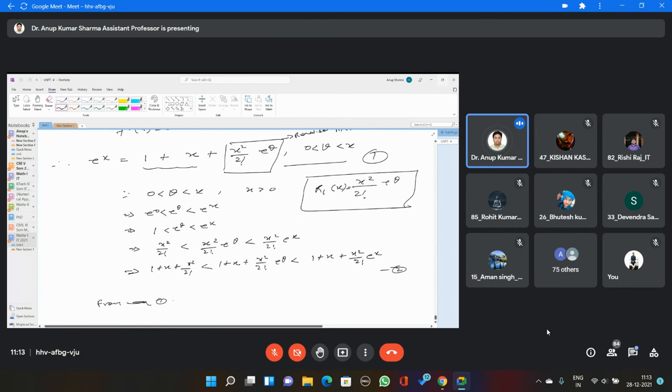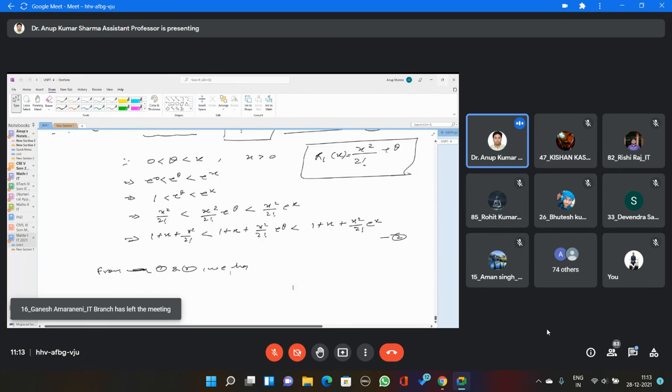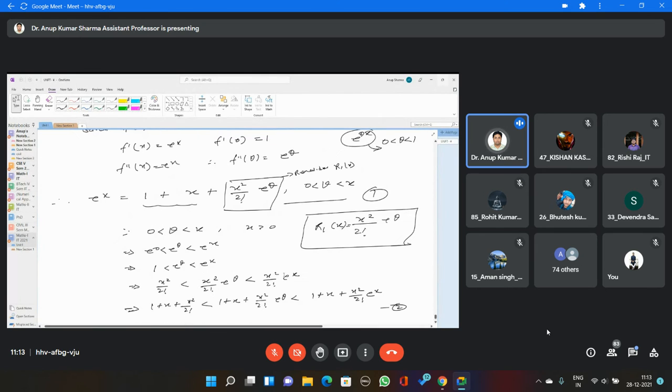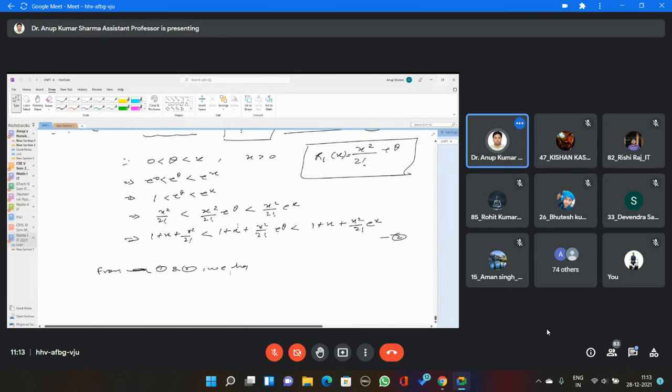From equation number 1 and 2, what do we write? e to the power theta is less than e to the power x, so e to the power x is greater than 1 plus x plus x squared by factorial 2.